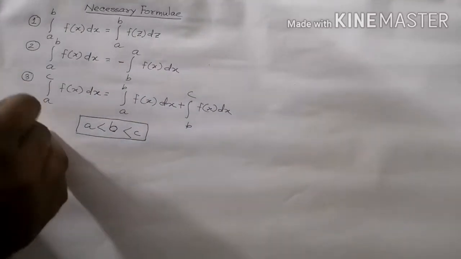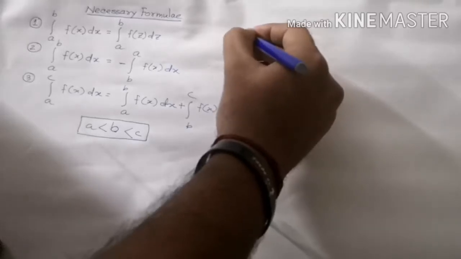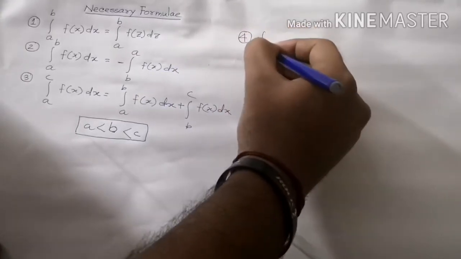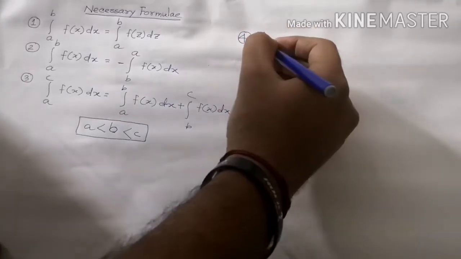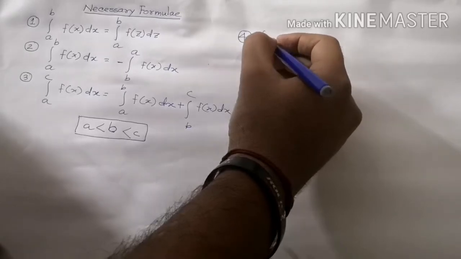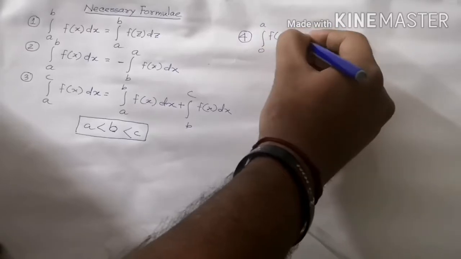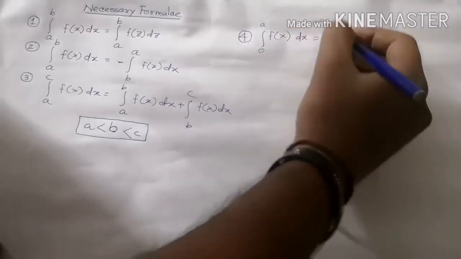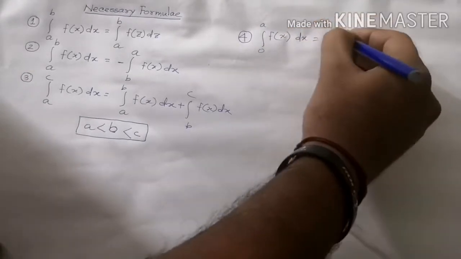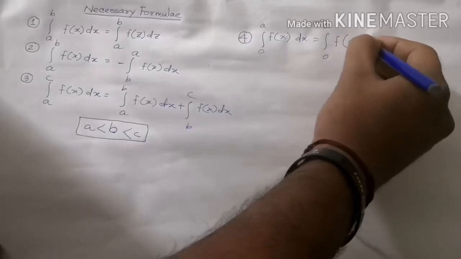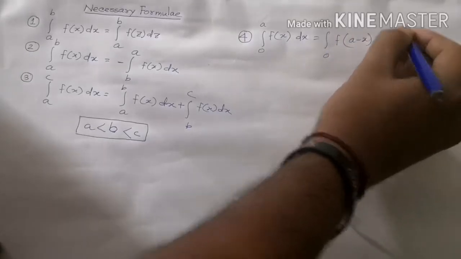Now the fourth formula is integration 0 to a f(x) dx equal to integration 0 to a f(a minus x) dx.